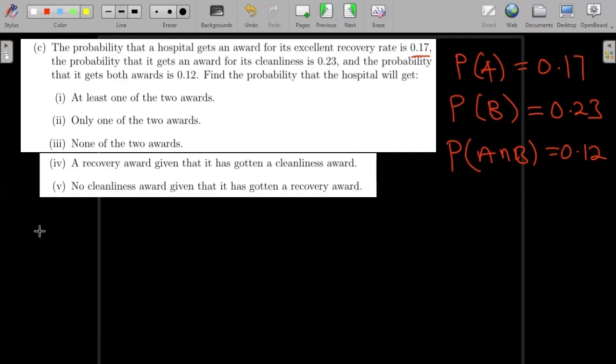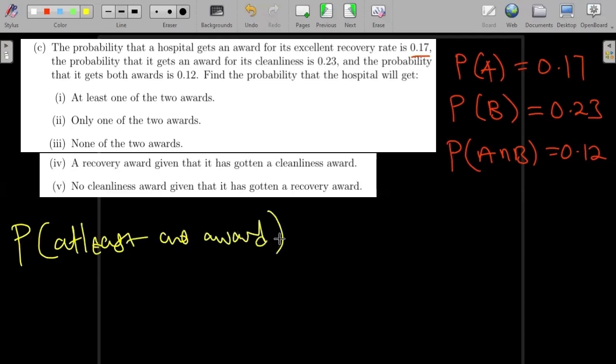So the probability of at least one award will be the same as the probability of the union of these events, because we are getting either. So it will be the probability of A union B, and we know this is just the probability of the union of two events.